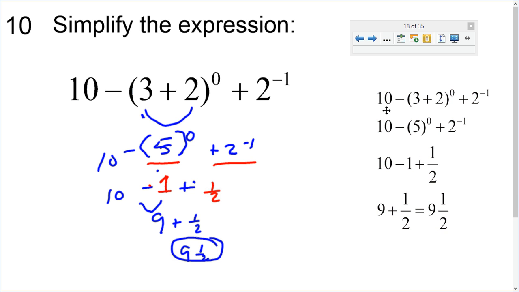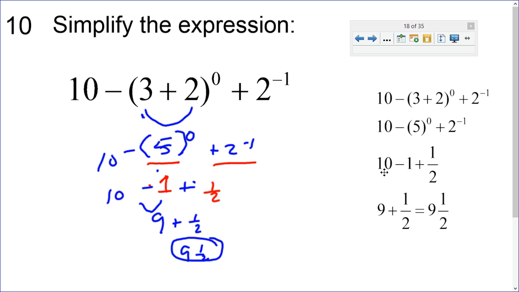So if you take a look, we had our expression. We started with the grouping symbols, 3 plus 2, that gave us the 5. And then we did our exponents. 5 to the 0 gave us 1. 2 to the negative 1, and remember, turn that upside down. Put the 2 at the bottom of the fraction and put the 1 on the top.